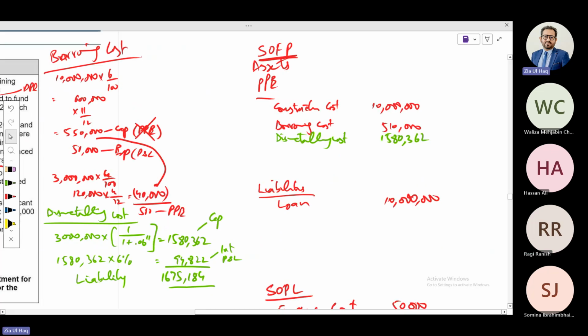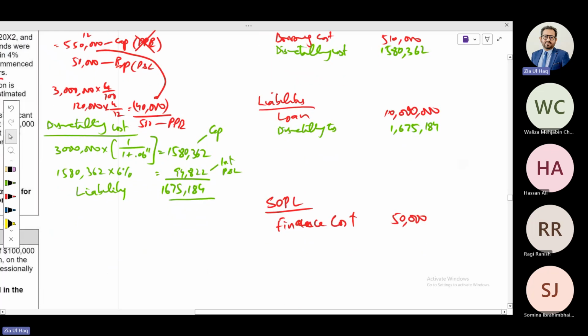And in liability, we need to record the dismantling cost of 1,675,184. And in profit and loss, we need to record the interest, 94,822. That is the finance cost.